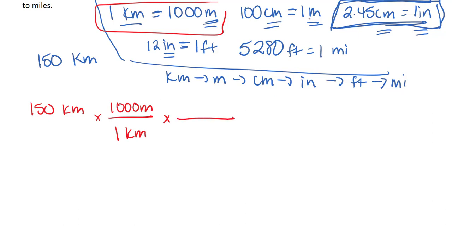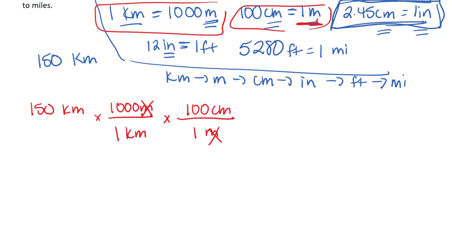Then we're going to take this 1 meter, because we need to get this unit gone, right? So whatever we do here, we're going to put that next unit on the bottom to get rid of it. And then we're left with 100 centimeters on the top.